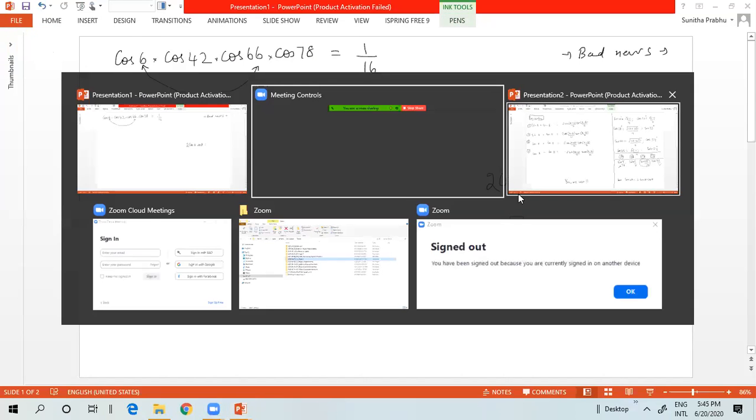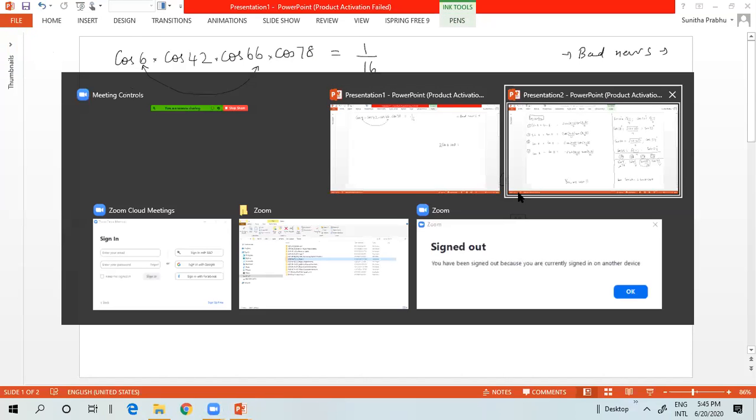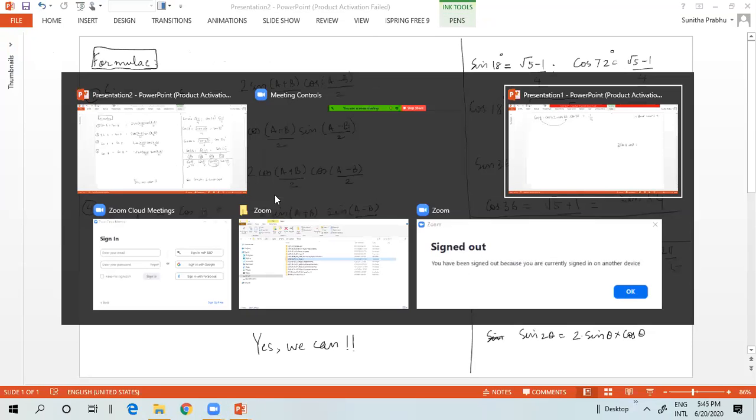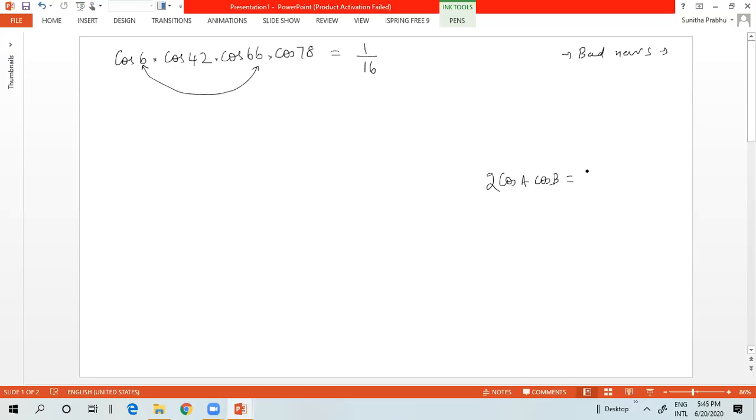So if it is cos, then I'll get cos (A plus B)/2 plus cos (A minus B)/2, correct? Yes, sir. Okay, so cos (A plus B)/2 plus cos (A minus B)/2.